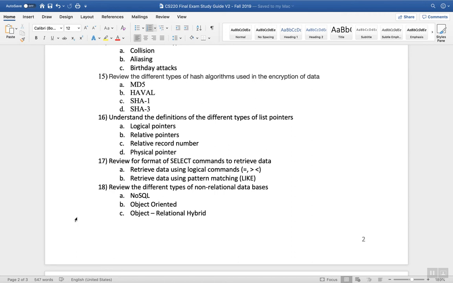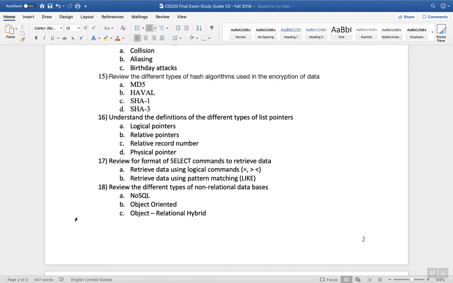It's all stored in what we call a linked list or a list data structure. Then the way we get to it is we calculate a pointer, and then go to that particular location to retrieve the data. So there are 3 types: logical, relative, physical.